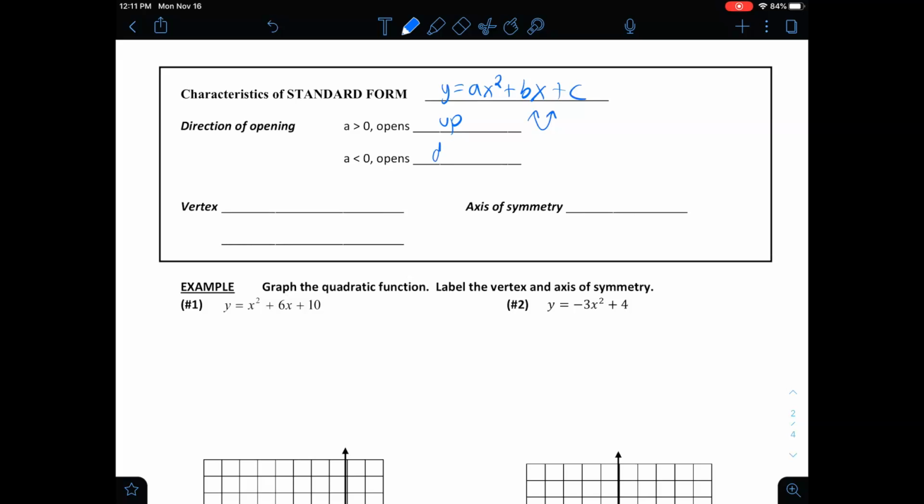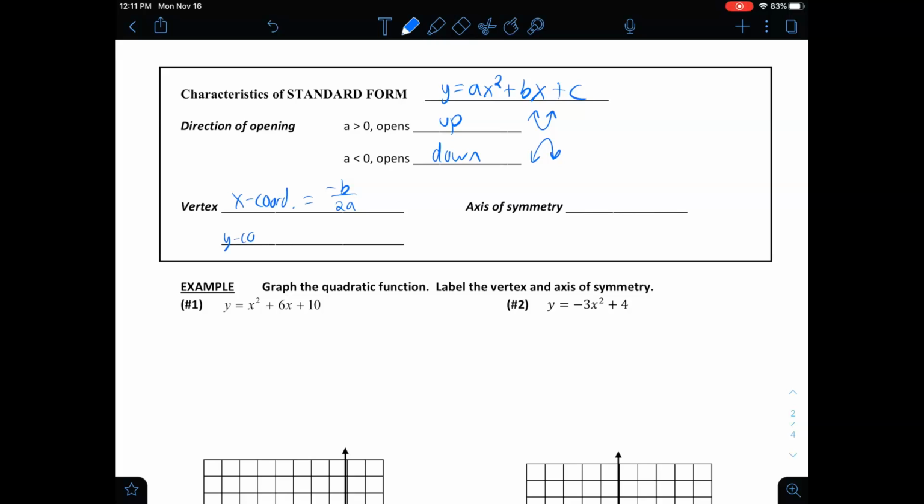And if a is negative, it's going to open down. So the vertex: the x-coordinate equals negative b over 2a.